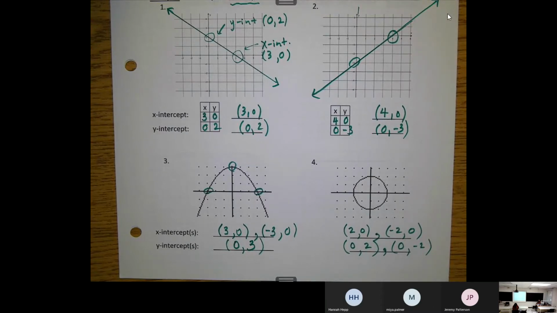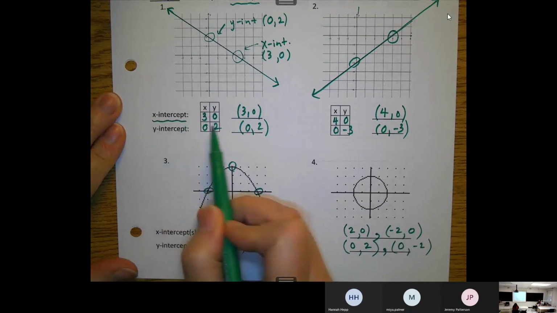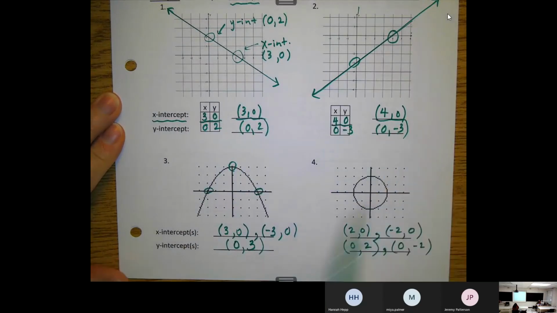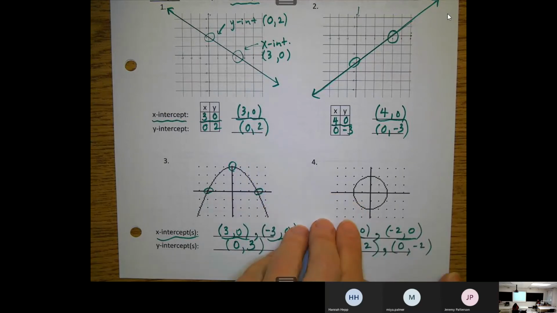0. You got it. So what if we sort of separate the x and the y? Do you notice where the 0 is on all the x-intercepts? What's going on with those? For an x-intercept, the 0 is always the y number. Yeah.